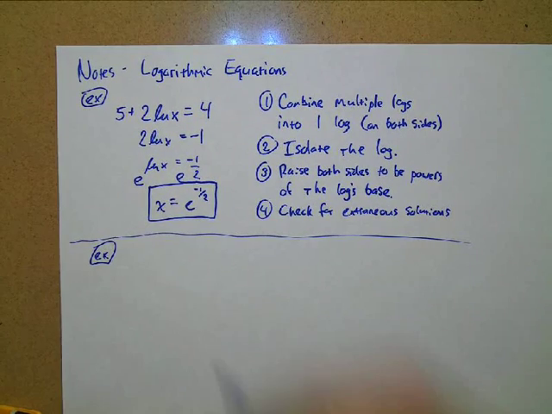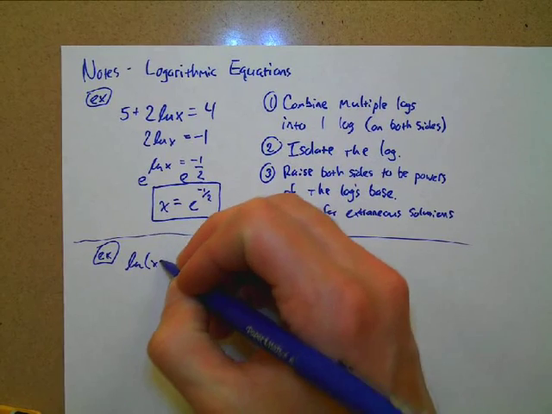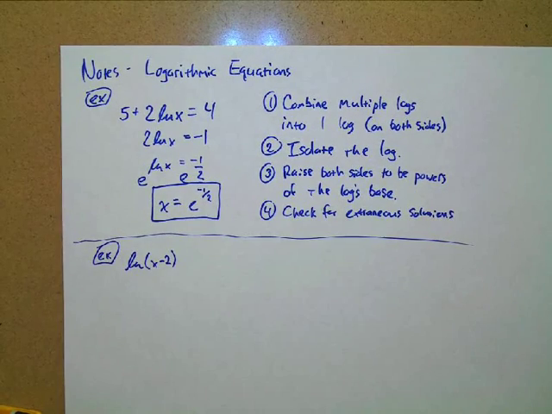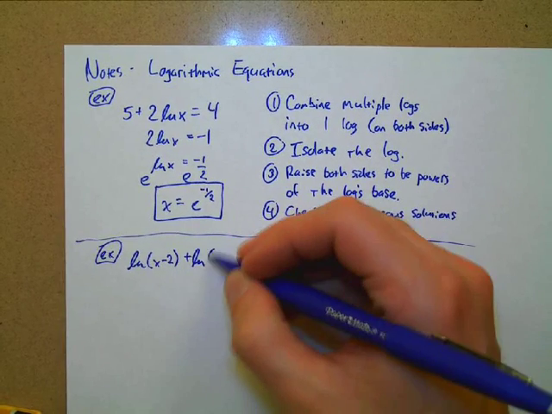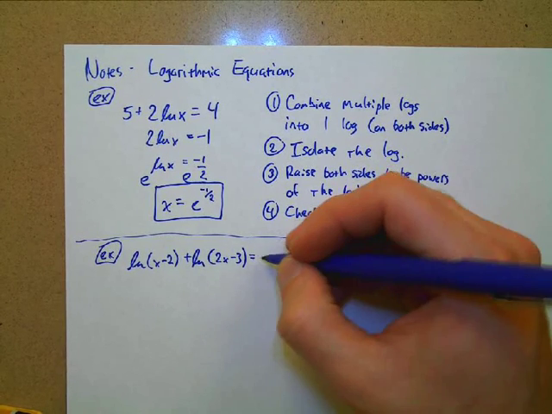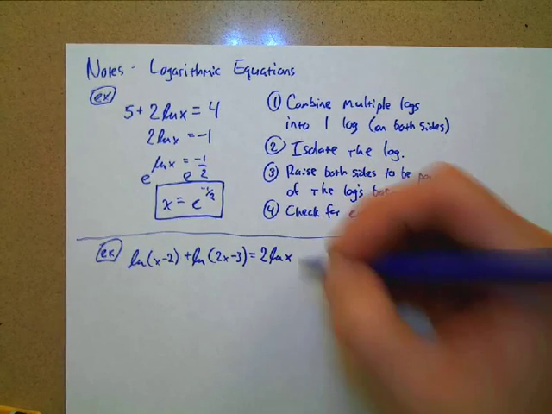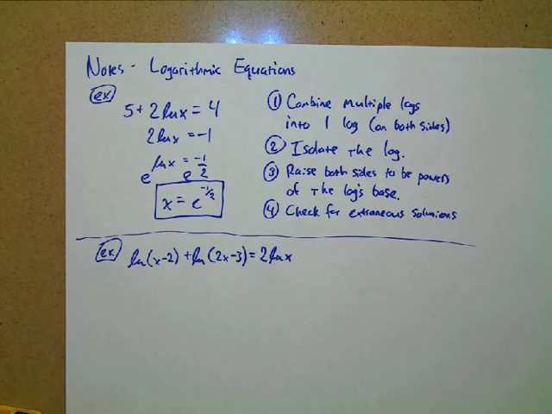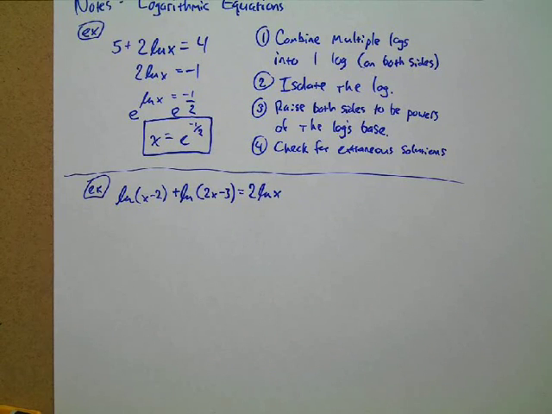Natural log of x minus 2 plus natural log of 2x minus 3 equals 2 natural log x. So here we do have that situation from step 1.